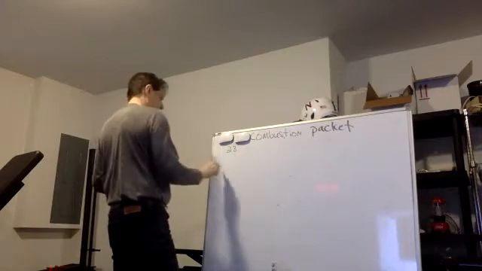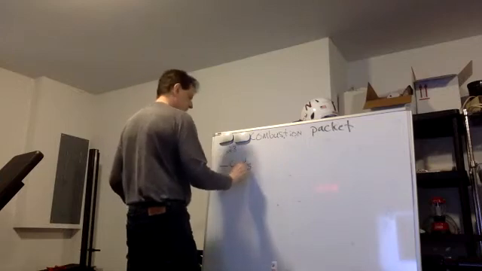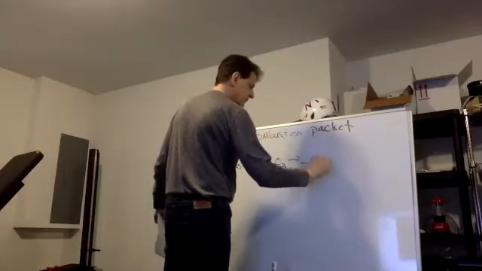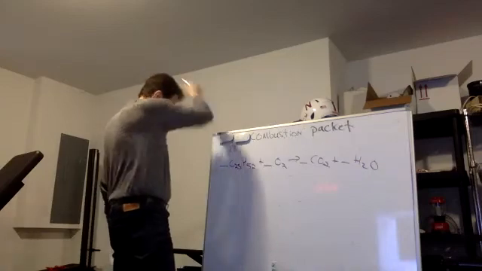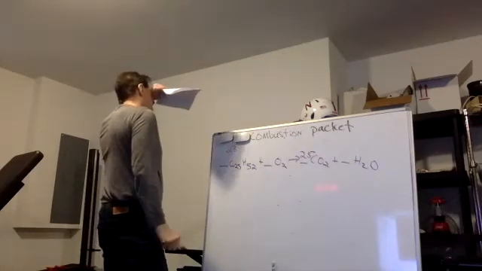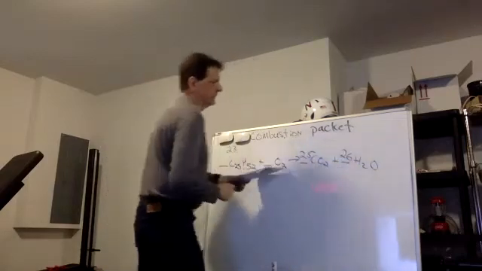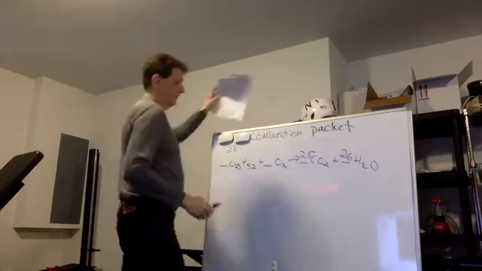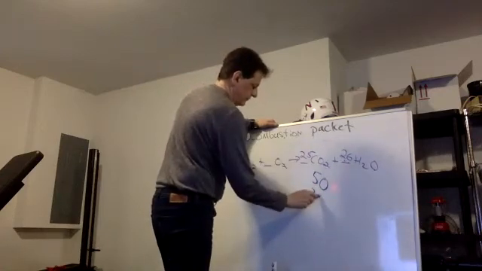We got C25H52 plus O2 to CO2 plus H2O. So we're going to have 25. Half of 52 is going to be 26. So we're going to have 26 times 2 to give me my 52 there. And then I'm going to have a whole bunch of O's. 25 times 2 is 50. 26 times 1 is 26.